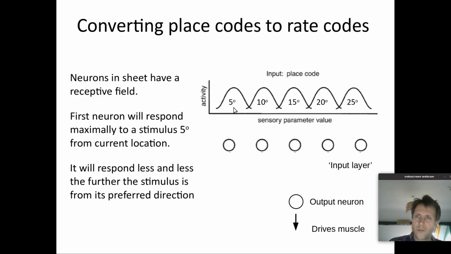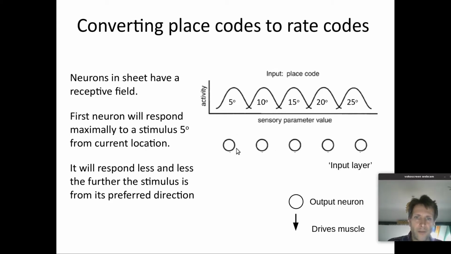They've got what's called a receptive field. So the first neuron is most receptive for a stimulus at 5 degrees along this horizontal range. And then the second neuron is going to be most active for a stimulus at 10 degrees, 15, 20, and then 25 degrees for the 5th neuron.